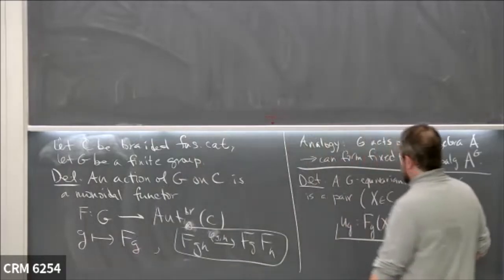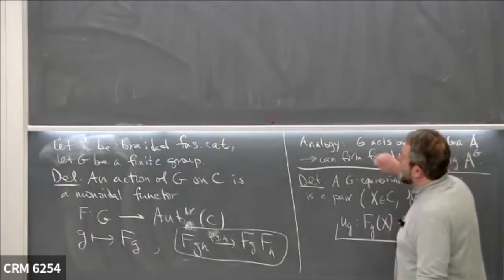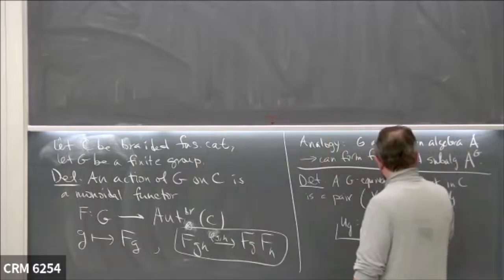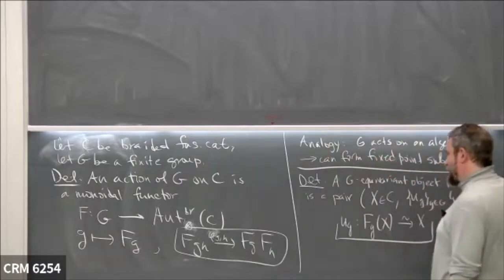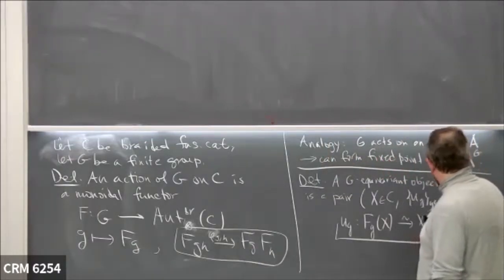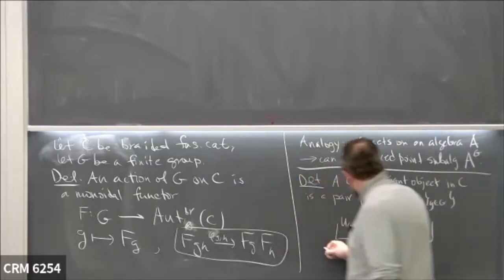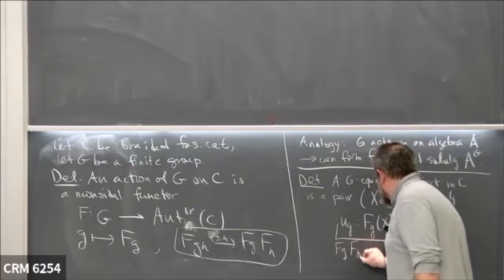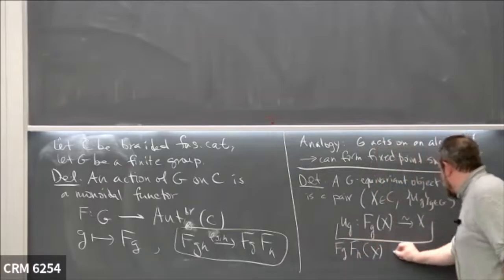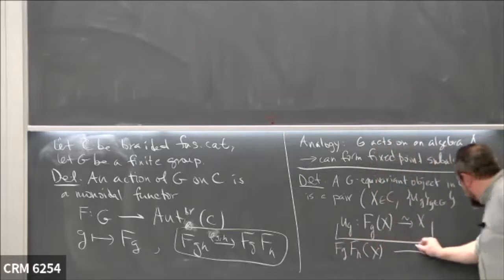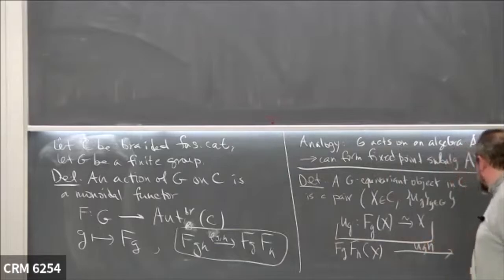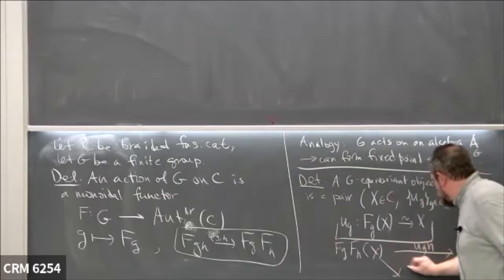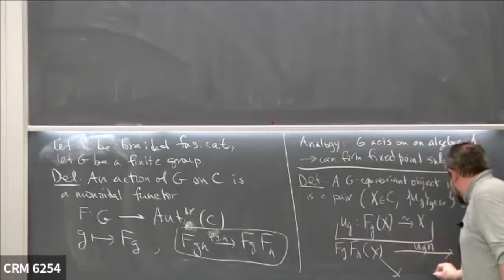This cannot be moved. Okay, I'll squeeze it here. So if you have F_g, F_h, X, then we can apply u_gh to X, or you can apply that in two steps.